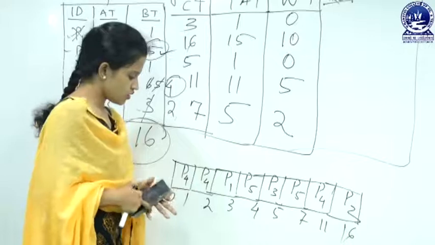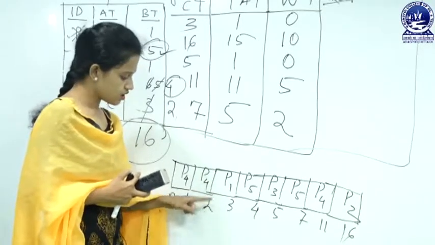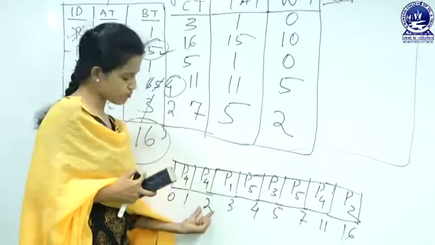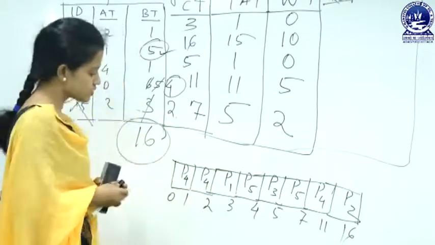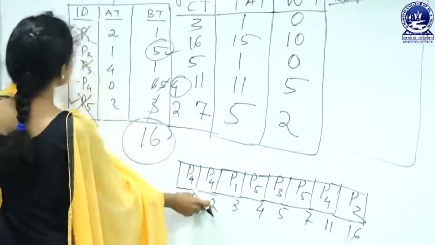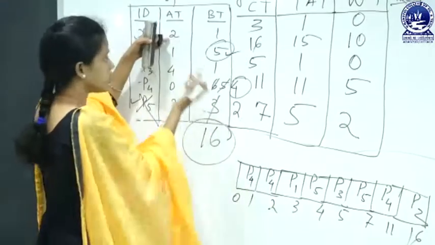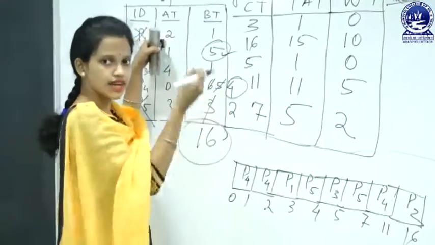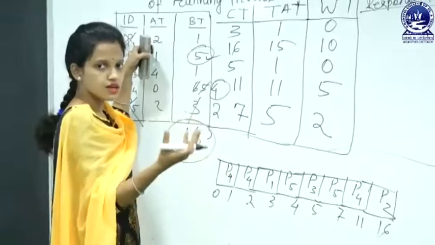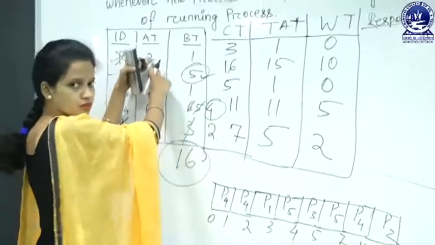Okay. Look at the left side of that process. At 2 milliseconds, P1 is assigned to the CPU for the first time. So the response time is, what is the arrival time? That is 2. Whenever P1 arrived at the ready state, at that time CPU allocated to that process.